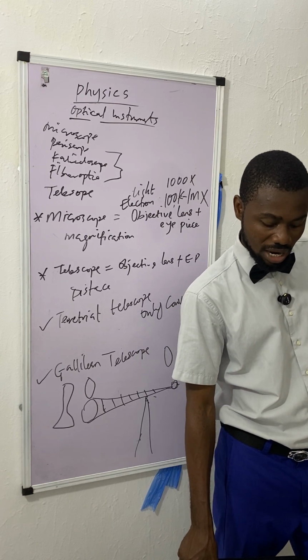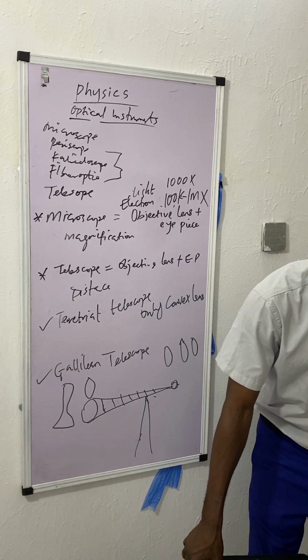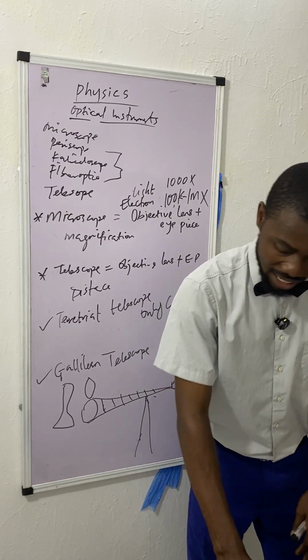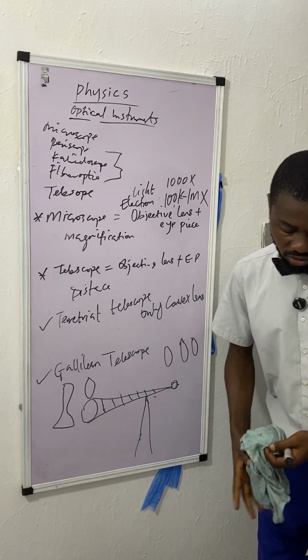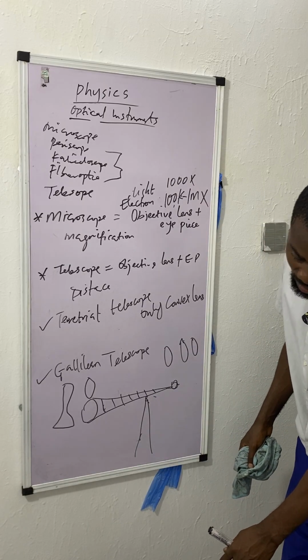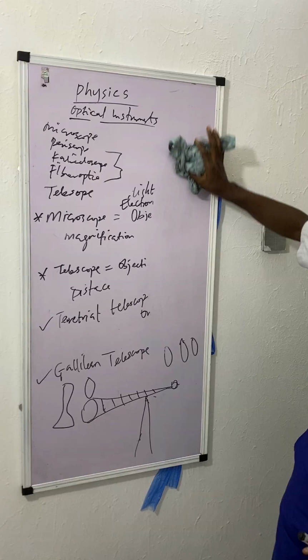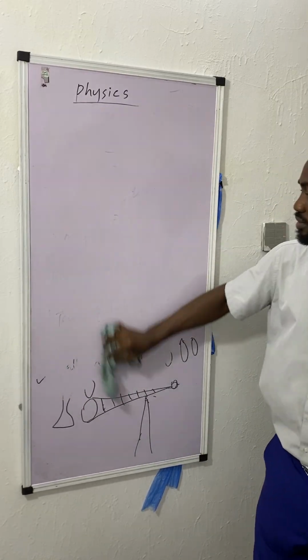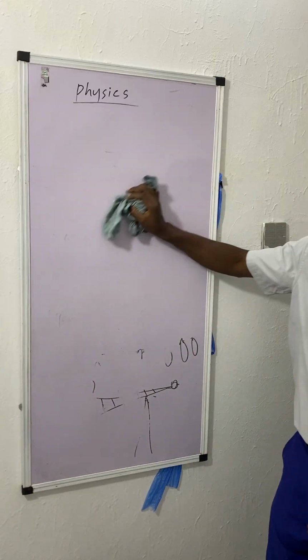The camera and the human eye work similarly. Why? Because they have similar structures. But before we look at that, let's leave that first. Let's talk about the similarities between the human eye and camera lenses. The human eye has a lens. The camera also has a lens.